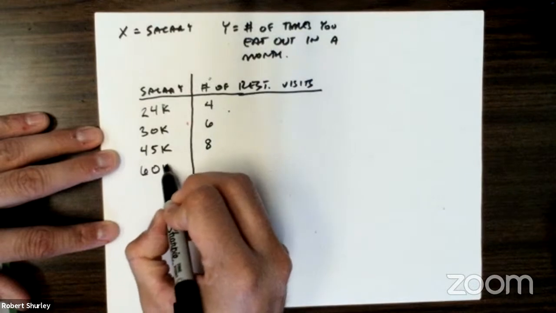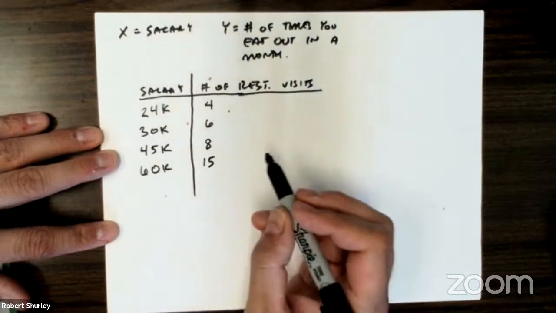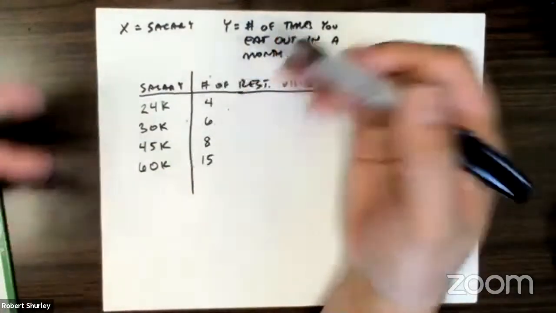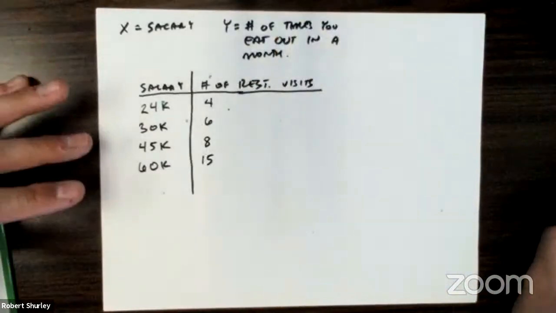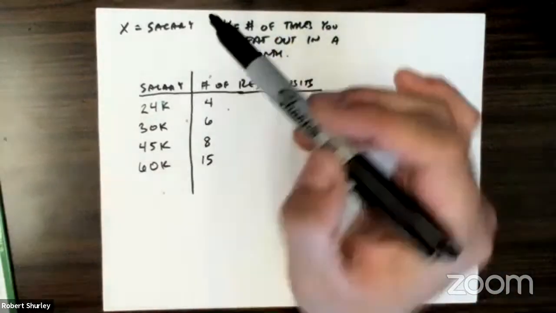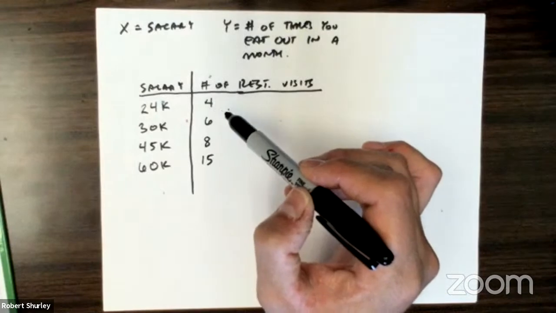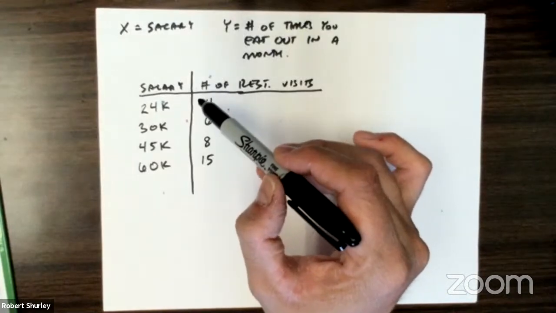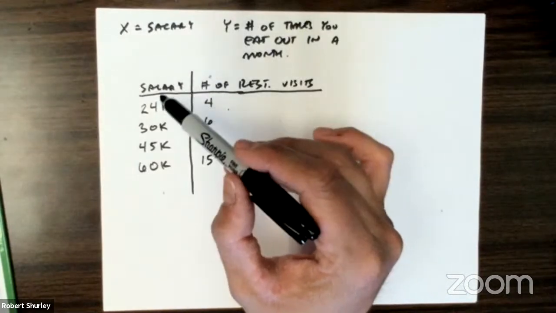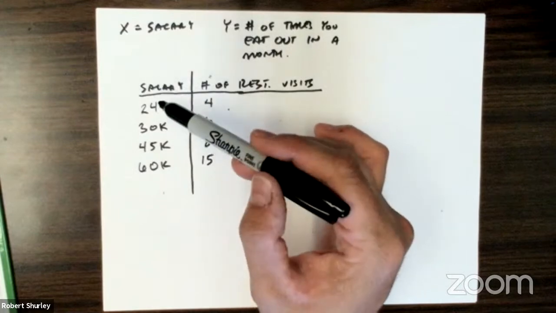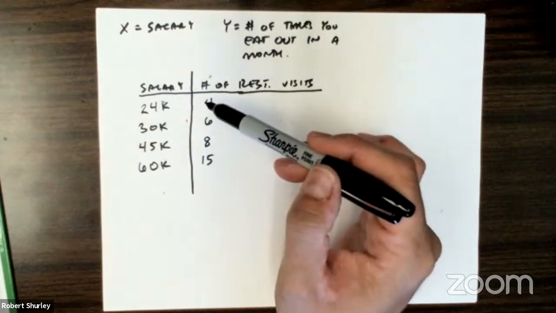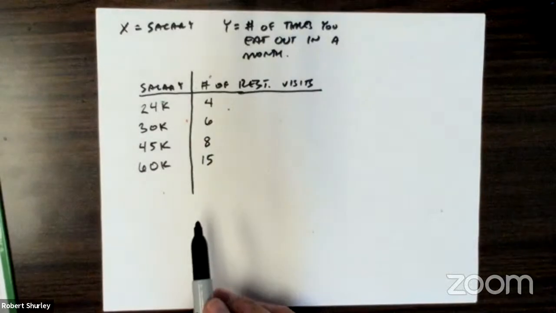And then 60,000, and they go out to eat 15 times a month. Okay. And this is definitely hypothetical. There's no truth to this by any means. But what we're noticing is that the number of times you eat out per month depends on your salary, right? As salary increases, the number of restaurant visits increases, right?